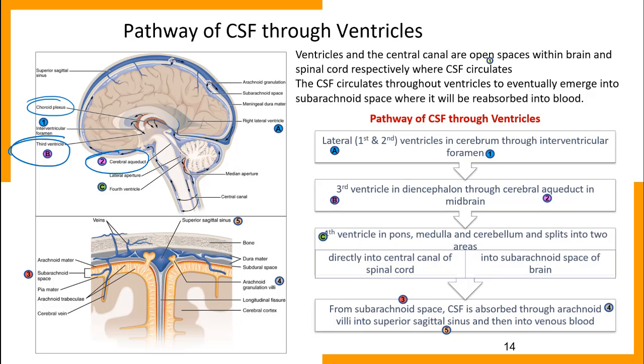In the midbrain, which is part of the brainstem, and from the cerebral aqueduct, it travels through the fourth ventricle in the brainstem, and at that time it splits in two directions. So first of all, it goes down through the central canal of the spinal cord, and the second one is it goes into the subarachnoid space of the brain.